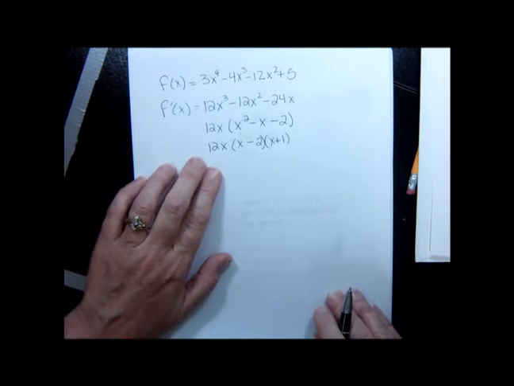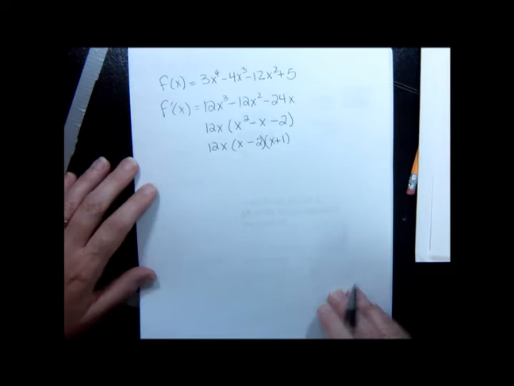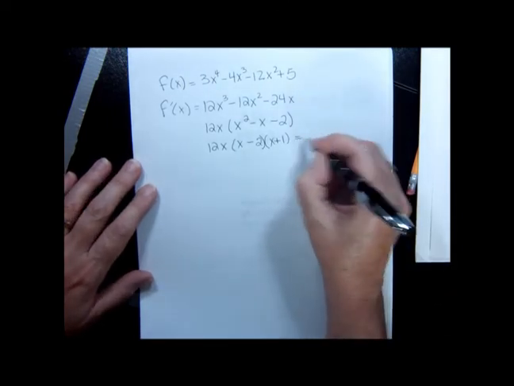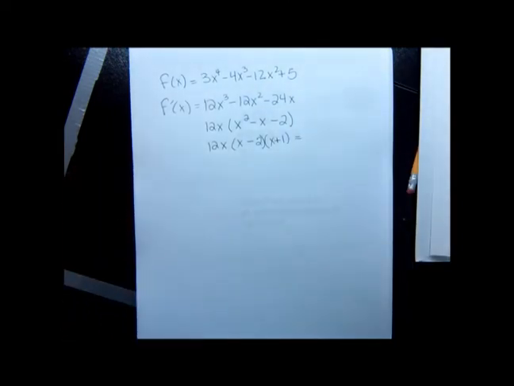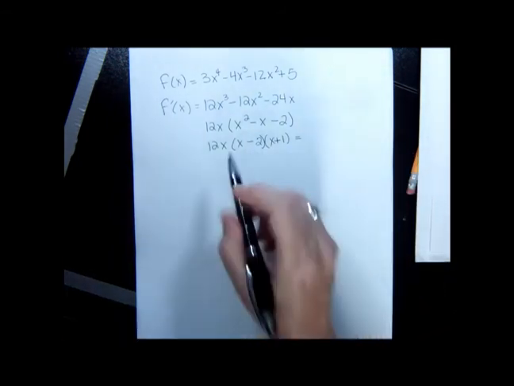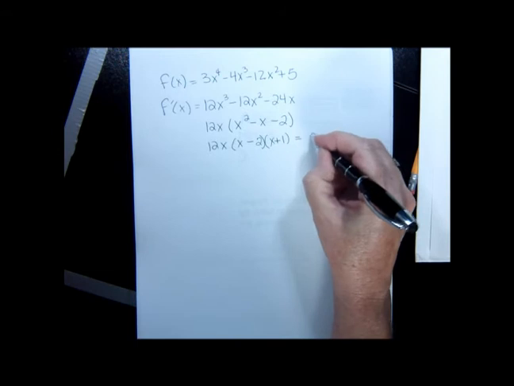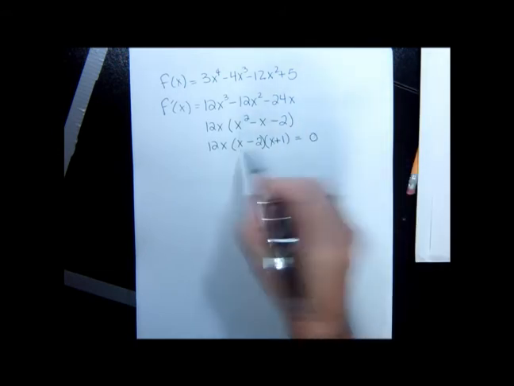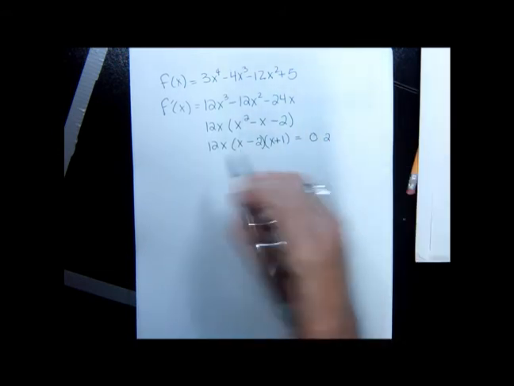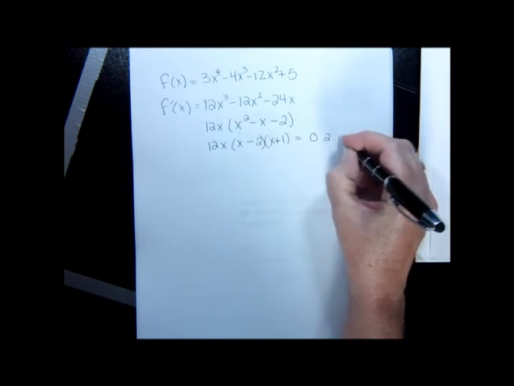Now, I need to know where it is 0, because those would be my critical points where it changes from increasing to decreasing. So I need to know those values. So it looks like that will happen at 0. It looks like that will happen at 2. And it looks like that will happen at -1.